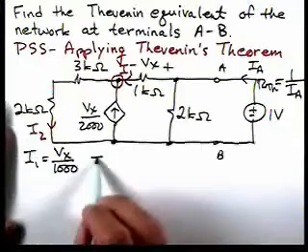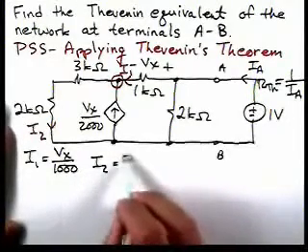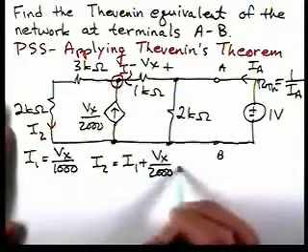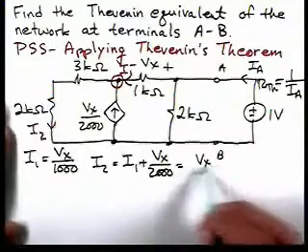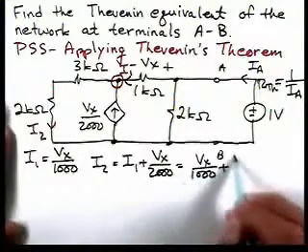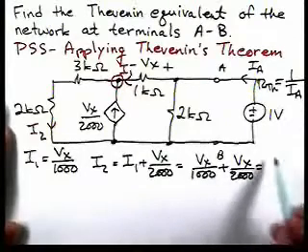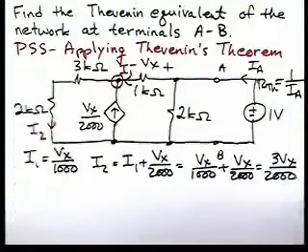If we do, we have I2 is equal to I1 plus Vx over 2,000. And if we substitute in for I1, we'll have Vx over 1,000 plus Vx over 2,000. That'll give us 3 Vx over 2,000.